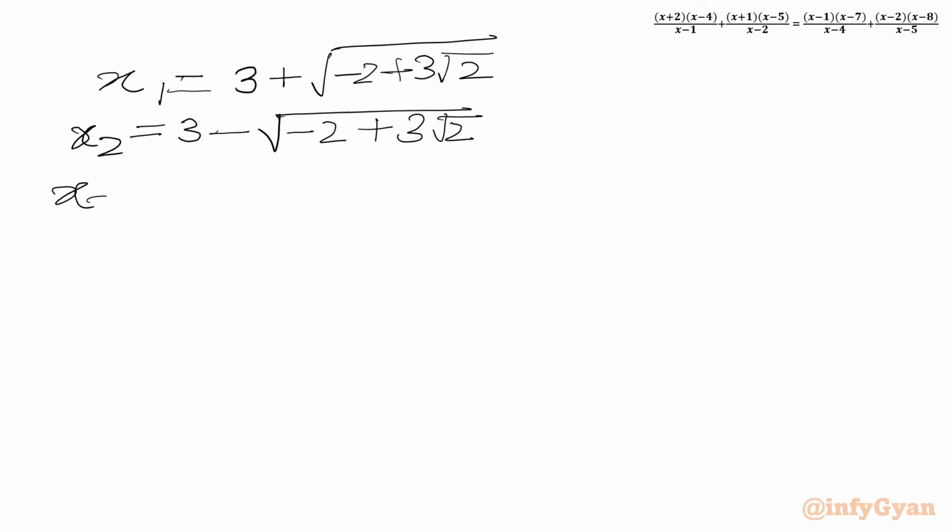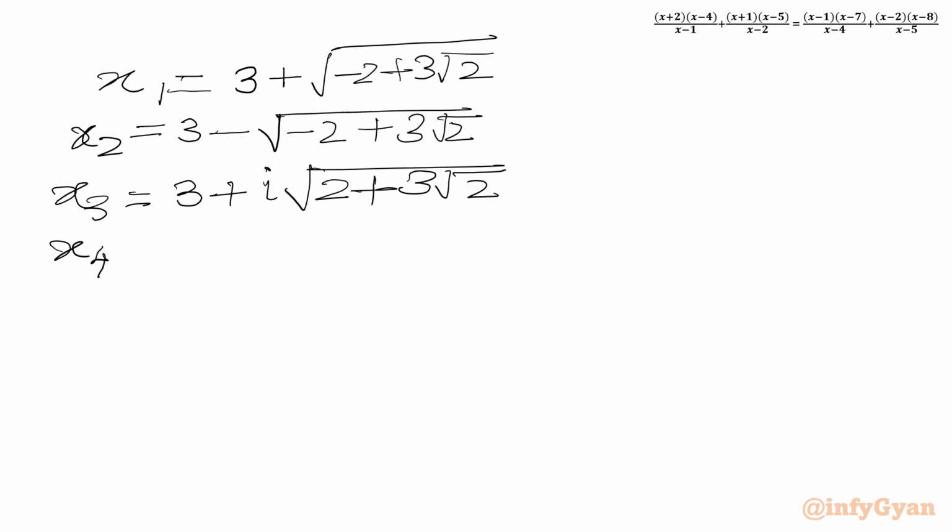Then we have x3, complex solution, 3 plus i times square root of 2 plus 3 root 2. And the last complex solution would be 3 minus i square root of 2 plus 3 square root 2. These are our 4 solutions.